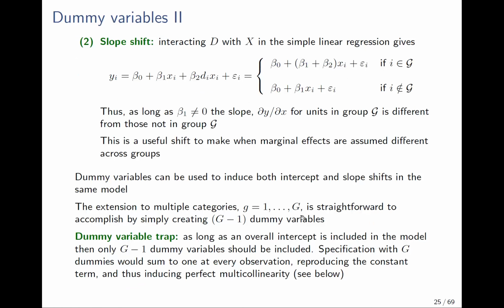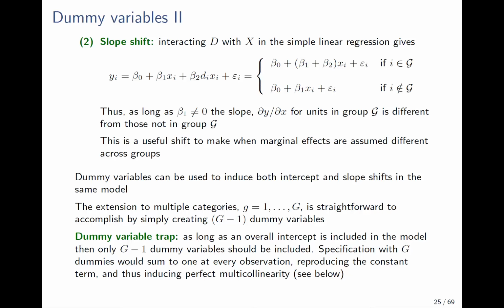The second type of dummy variable we can look at is one that shifts the slope, which we get by interacting the dummy variable with a covariate x. Now for units in the group, the slope of the regression line is beta 1 plus beta 2, shown here, while for units outside the group, the slope is simply beta 1.